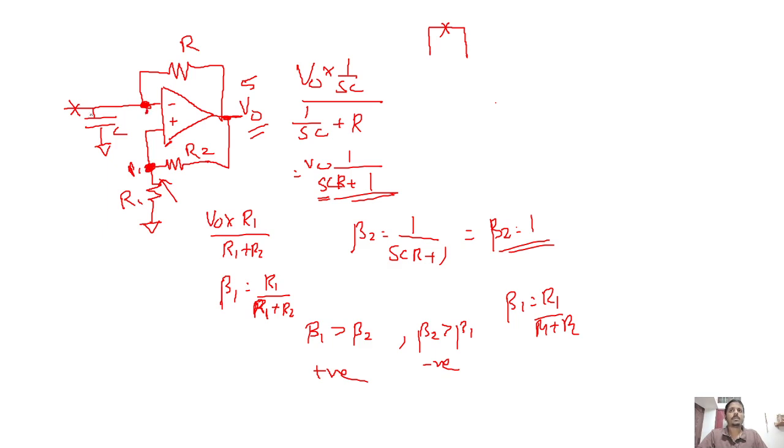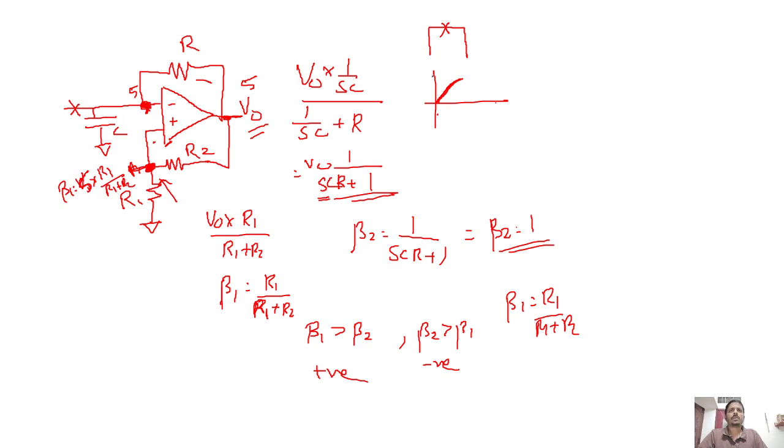But the capacitor won't charge quickly. It should reach 5, but due to this resistance it will slowly go to that particular voltage. Say if it is 0, it will slowly rise, till beta 1 is V0 into R1 by R1 plus R2, so 5 into R1 by R1 plus R2. At a particular point this voltage will be equal to this.